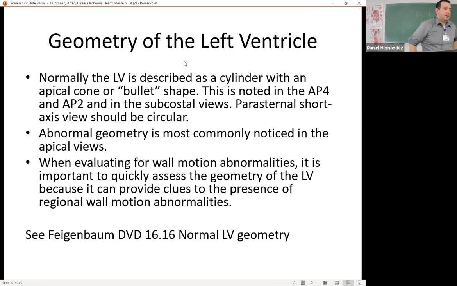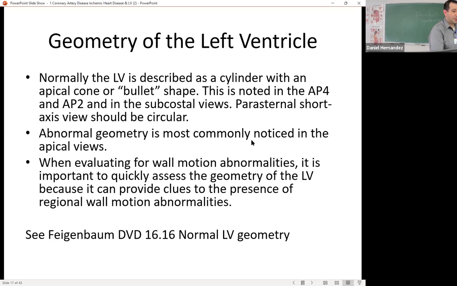We're also going to assess geometry of the left ventricle. Just remember, our normal LV should be cylinder in shape with an apical cone or a bullet shape. This can be noted in our apical 4 chamber and apical 2 chamber views, as well as in our subcostal views. Our parasternal short axis views should be circular.